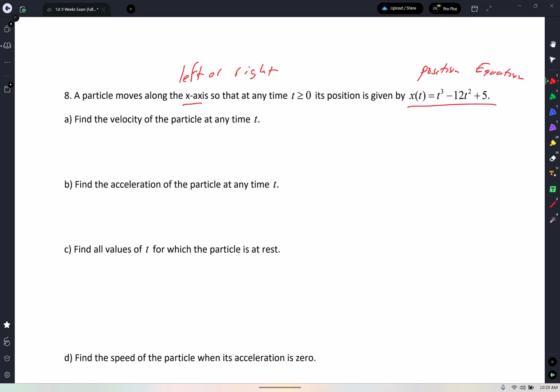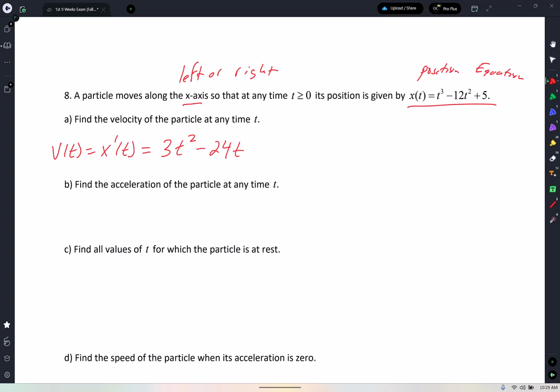We've been doing this many times, so we know already. Find the velocity of the particle at any time t. How do I find the velocity from position? Take a derivative. So here we go. I'm going to write v of t equals x prime of t. I'm showing the reader that I'm taking the derivative of position equals 3t squared minus 24t. That's all they wanted.